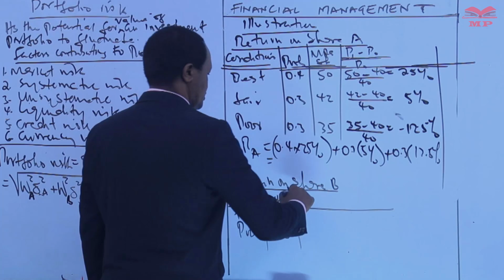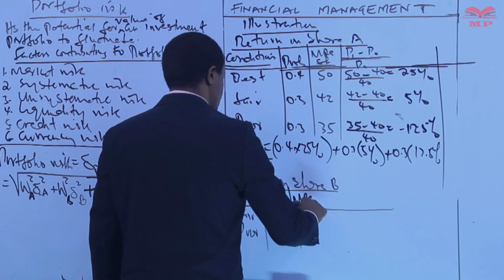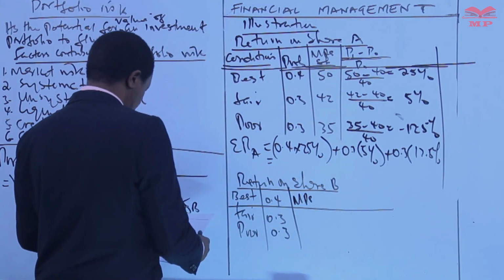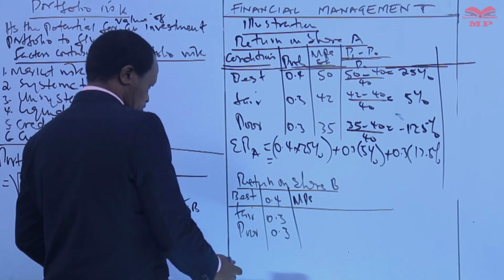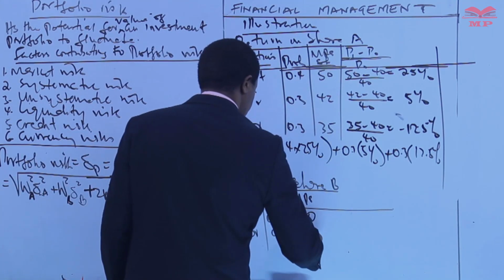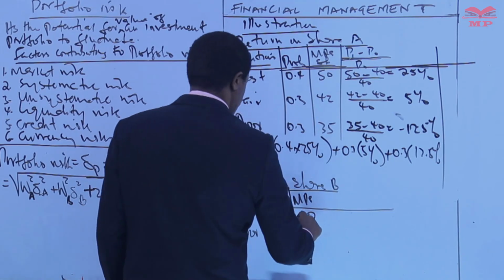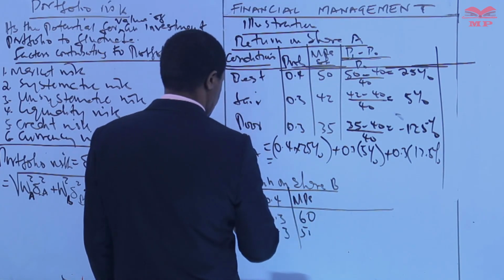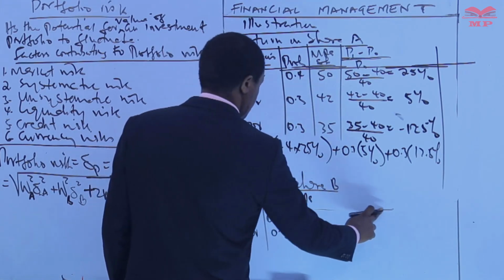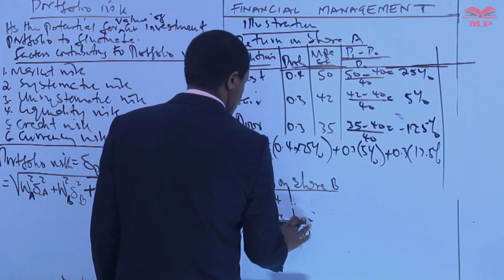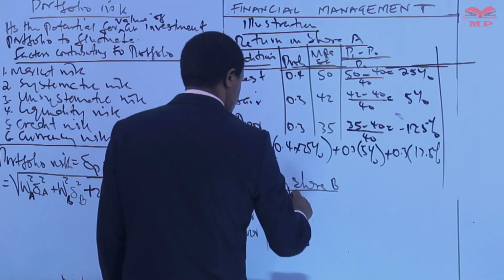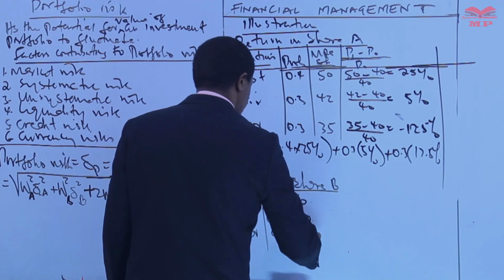We have the MPS in shillings. MPS in shillings, how much is it? 60, 50, 40.